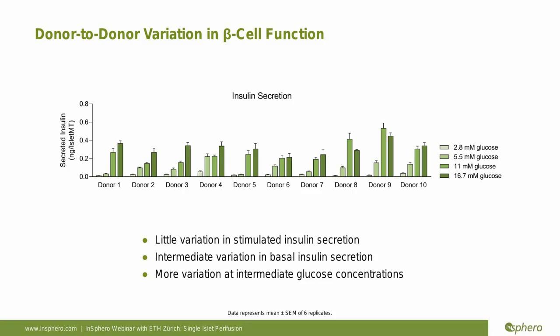So far, we have tested 143 donors in our laboratory. I show here 10 different donors that were consecutively tested out of these 143. What we see in these experiments is very little variation in stimulated insulin secretion at 16.7 millimolar glucose.